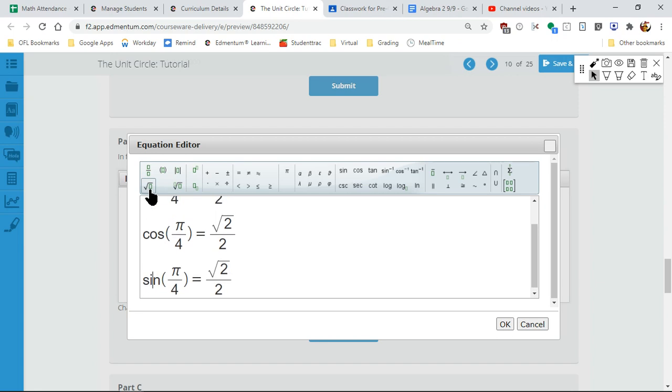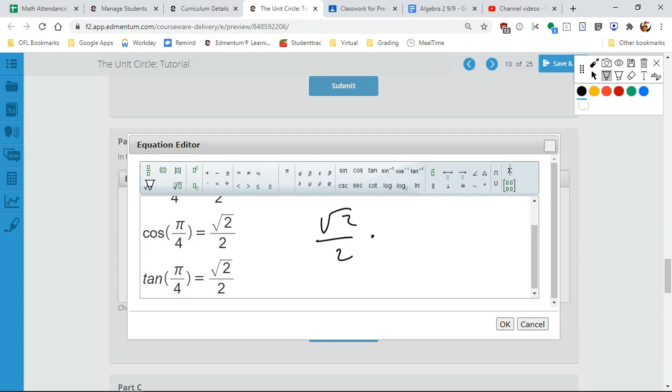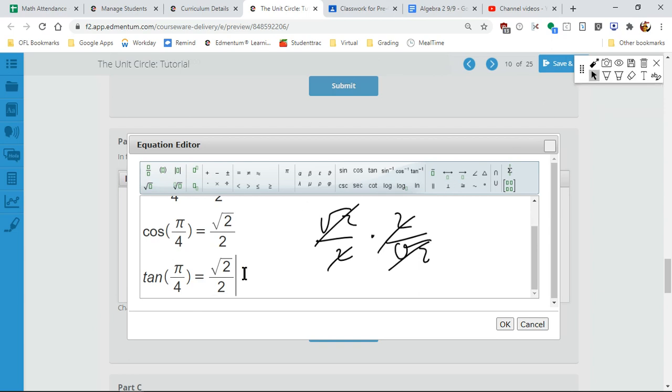Tangent is going to be the square root of 2 over 2 divided by square root of 2 over 2. Cancel, cancel, cancel, cancel. So it's just a giant 1. Yeah, exactly. I think I'm getting the hang of it.